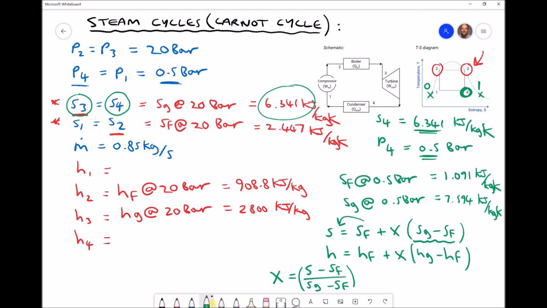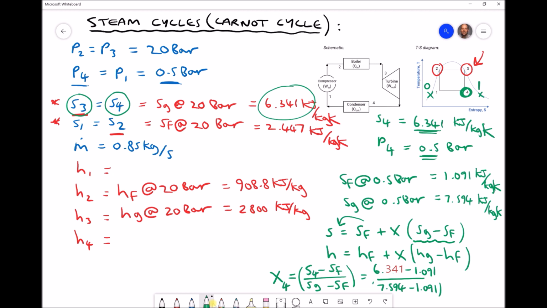I'm just going to put a subscript 4 down here just to remind us that it's position 4 we're working on here, and the same for our X, because in a moment we're going to need to repeat this for position 1. But we have S4, 6.341, minus SF, 1.091, over SG, 7.594, minus SF, 1.091.